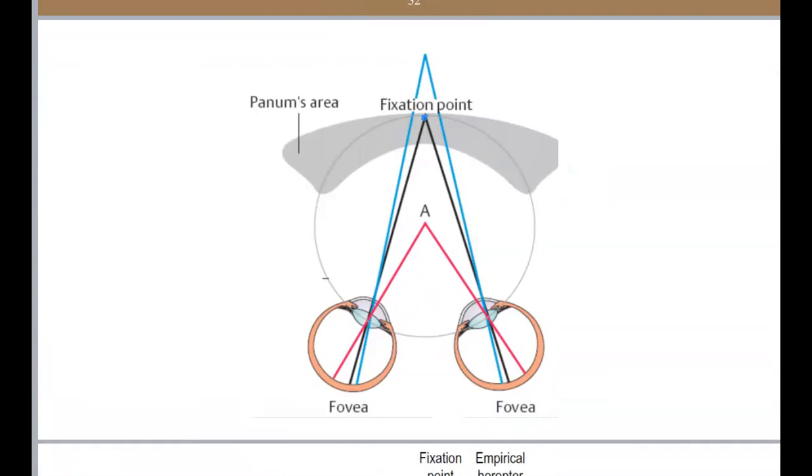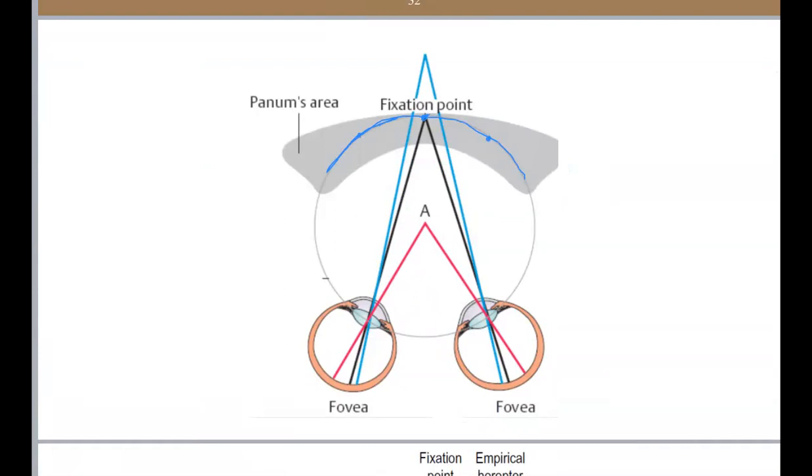and from this fixation point, I have the empirical horopter, an imaginary horizontal line, in which each point will stimulate corresponding points and each point will be seen as just a single point.